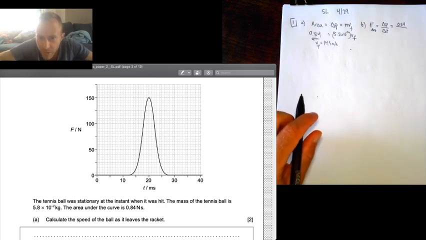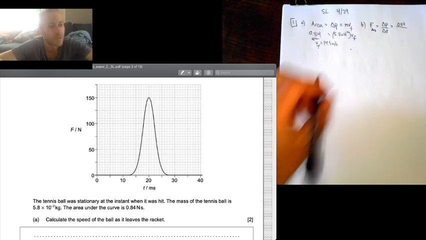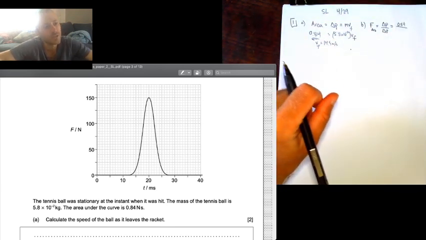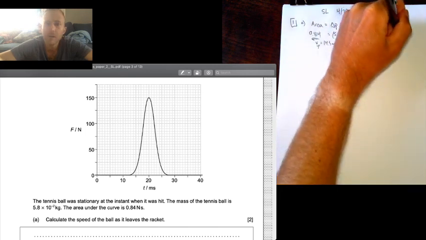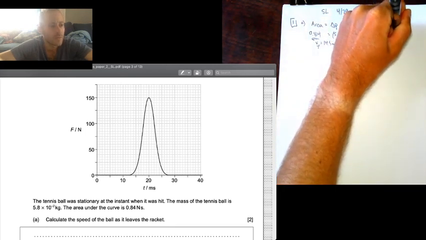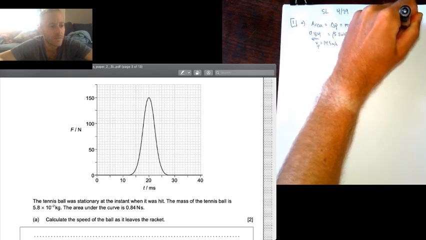I can see that the bell curve starts at about 13 milliseconds and ends at maybe 27 milliseconds. That's about 14 milliseconds, so 14 times 10 to the minus 3.